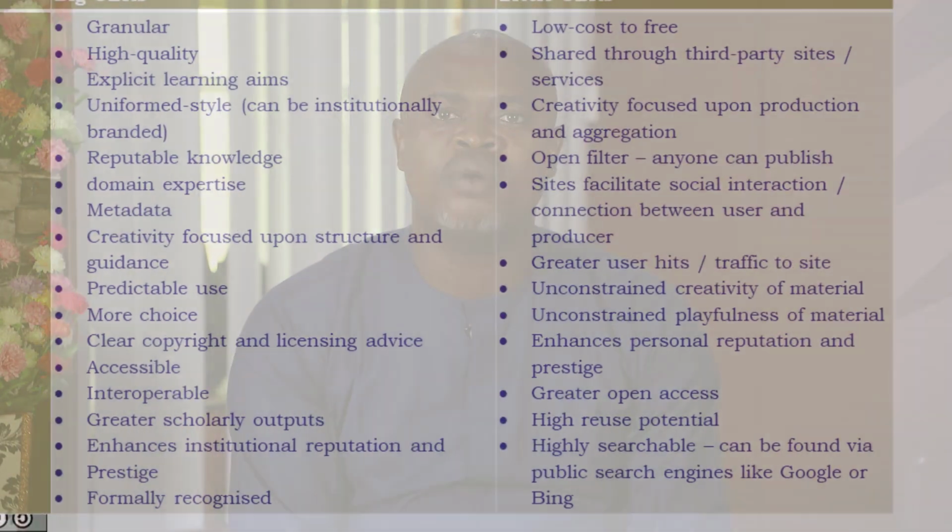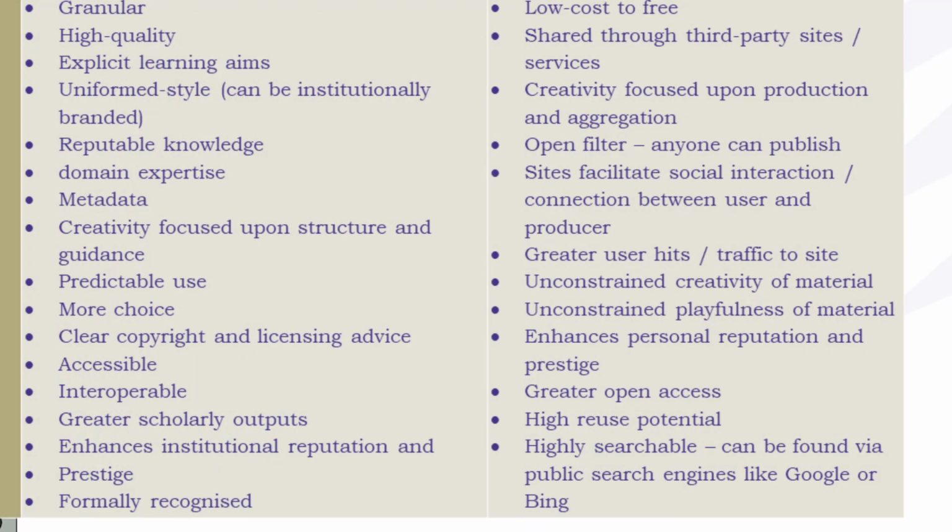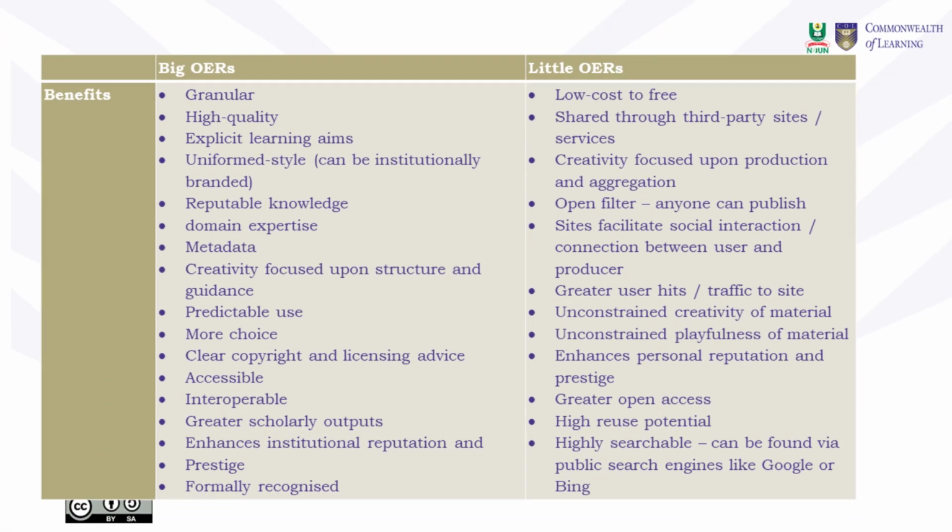While the little OER is low cost to free, shared through third-party site services, with creativity focused upon production and aggregation, and an open filter, which means anyone can publish. The sites facilitate social interaction. There is a connection between the user and the producer, and more other benefits.